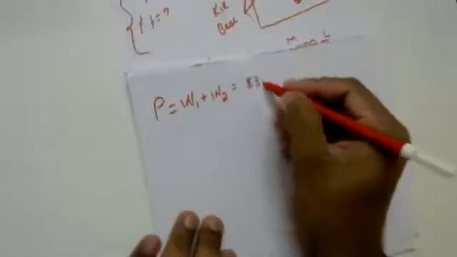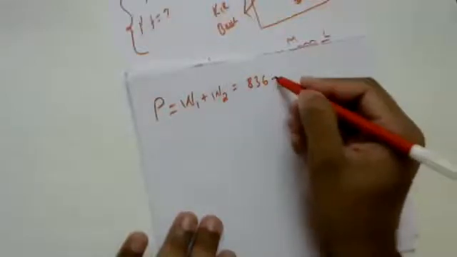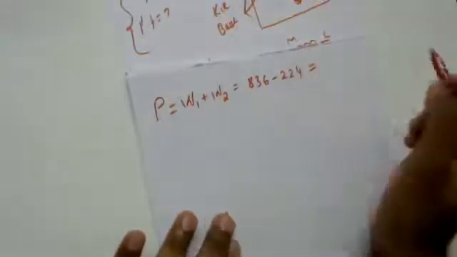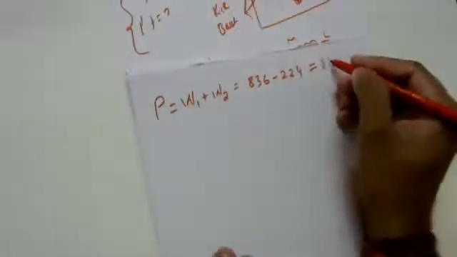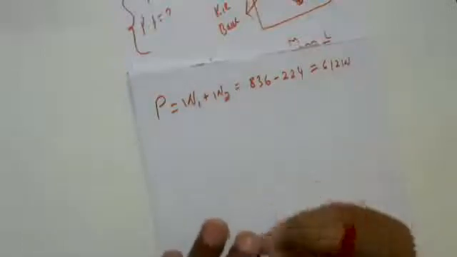So P equals W1 plus W2. W1 is 836, and W2 is minus 224. So this will be equal to 612 watts. Good, so I am able to compute the total power of the load.